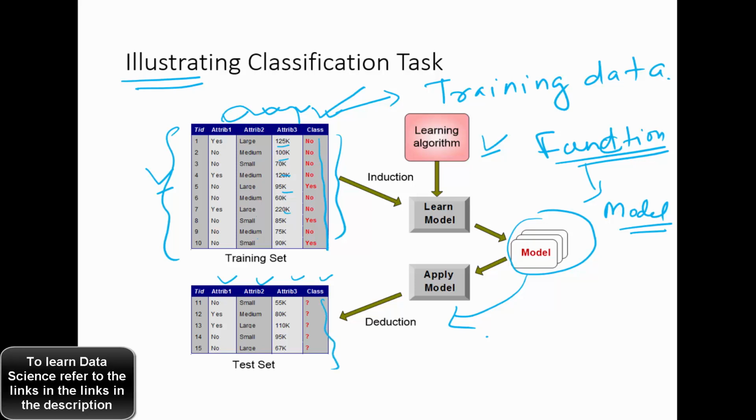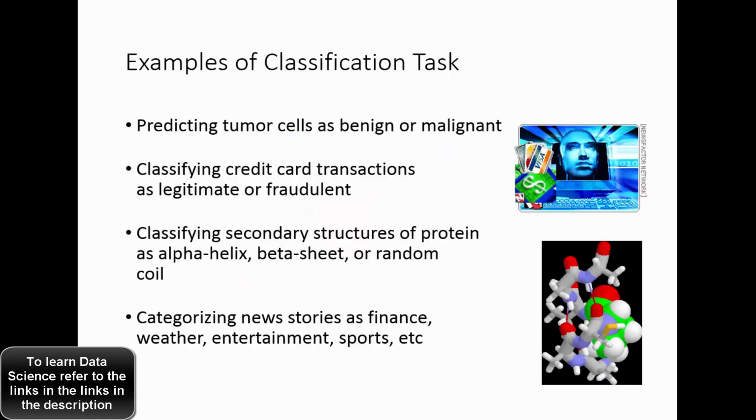In training data it is given to you, but in test data or new data it's not given. You should be able to find that using your model or the functional relationship between the class and the attributes in the training data. Alright, so that's the idea behind decision tree. So we just understood in a nutshell what decision tree is all about and how we can use it to classify data into groups.